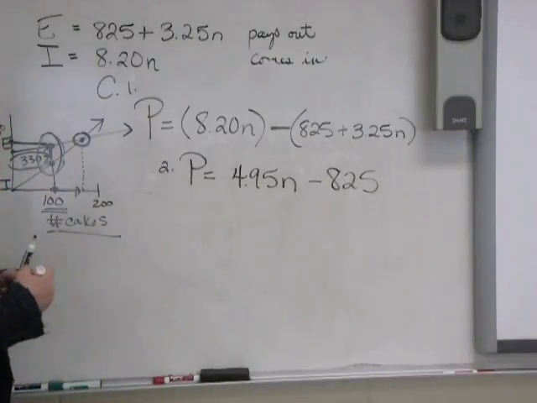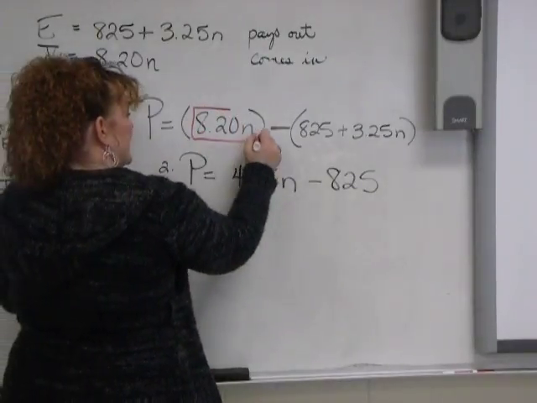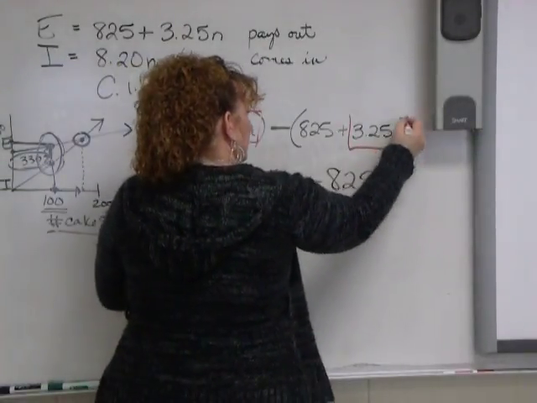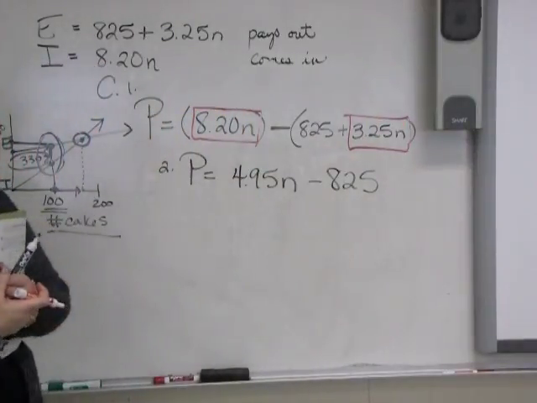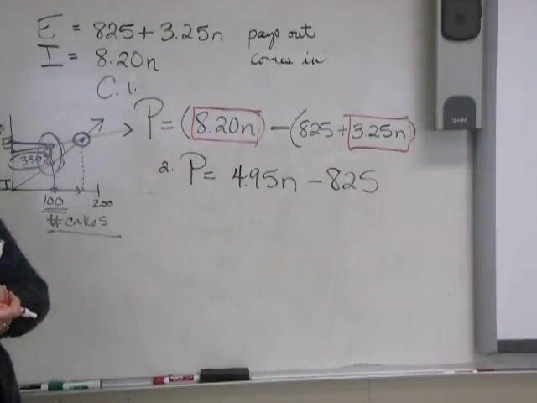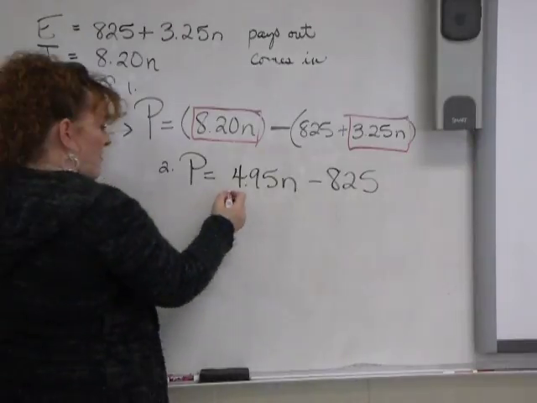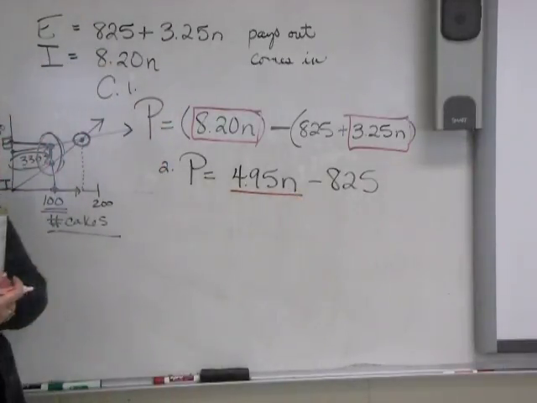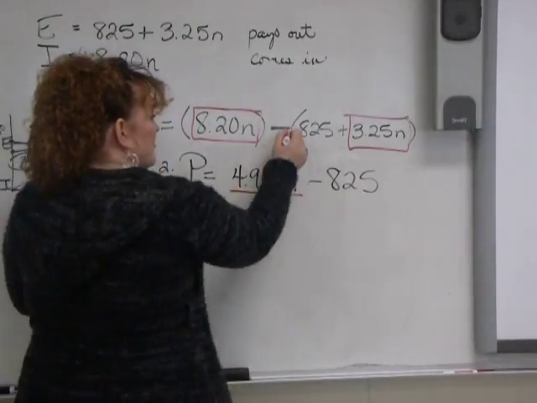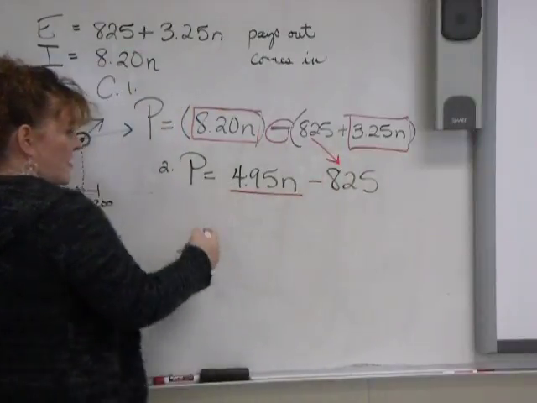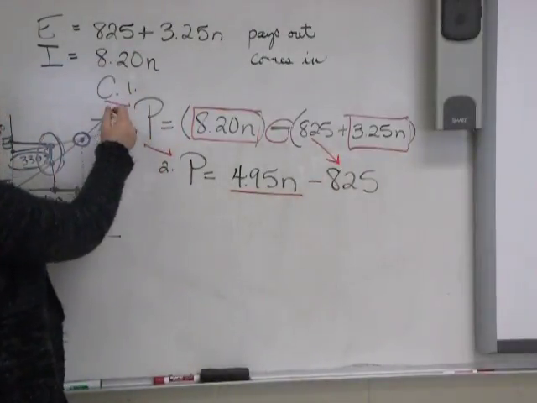Didn't we find the difference in this and this a while ago? We actually subtracted them out, and what were we given? $4.95. And then subtract what's left. Shouldn't this give you the same thing that this gave you?